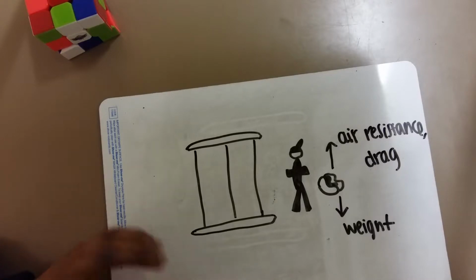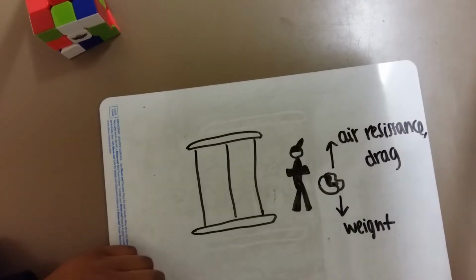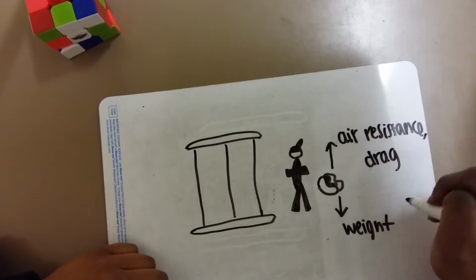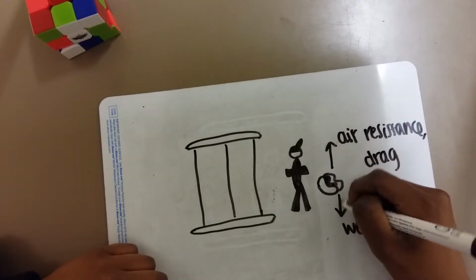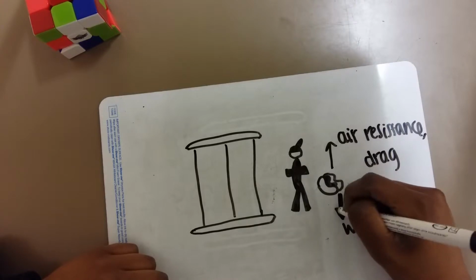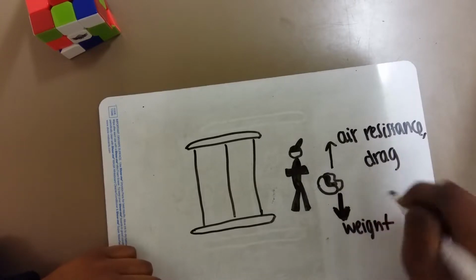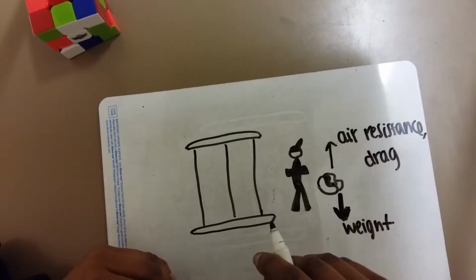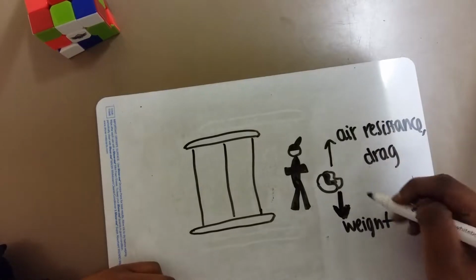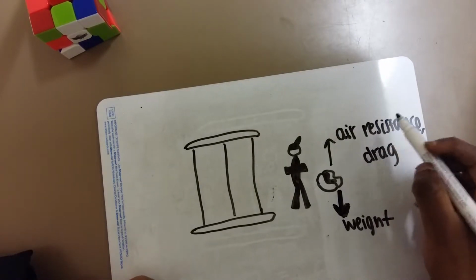Well, this is basically the same thing, except now the forces are vertical. We know that the force of gravity on the hot dog is going to be stronger than the force of air resistance, or let's assume in this situation that that is the case. So we can say that there are unbalanced forces acting on the hot dog.